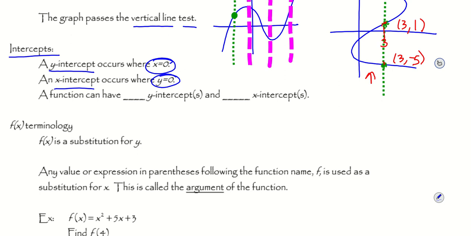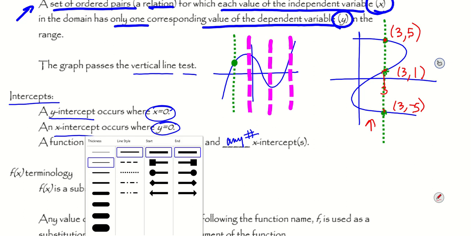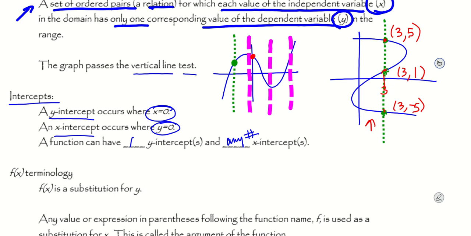We know that a function can have only one y-intercept, but could have any number of x-intercepts. If we come back and look at the graph of the function that we drew above here, we can see that this graph has one y-intercept. That's our y-intercept. But it has an x-intercept in 3 different places. So one x-intercept, a second x-intercept, 3 x-intercepts.